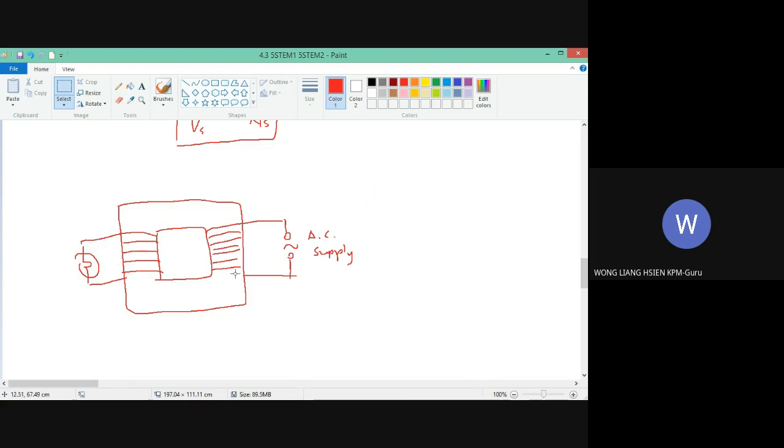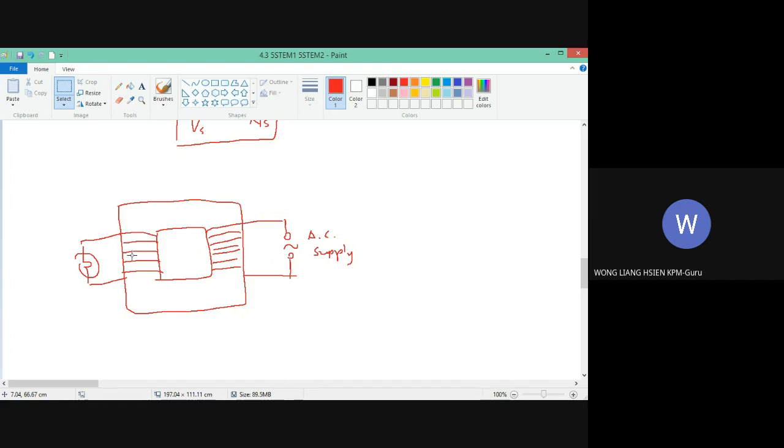Then, because this one is connected to the power supply, this will be the primary coil. This one is connected to the load, so this will be the secondary coil. Now the number of turns in the secondary coil becomes less than the primary coil. So this becomes a step down transformer.